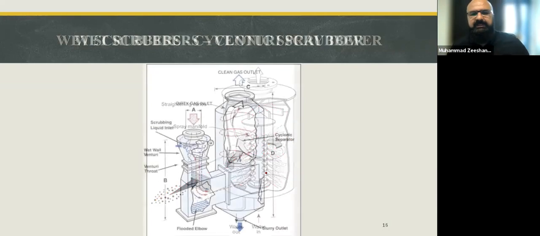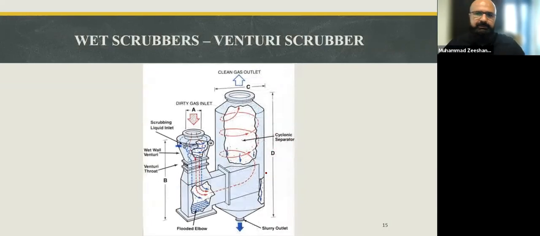So that's another example. Similarly, we have got another type of wet scrubber, which is Venturi scrubber. The dirty gas is entering from here, and then over here we have got a very narrow slit, a narrow path through which the gas is passing, and at the same time we have got water inlet provision over here. So a mixture of water and gas is passing through this extremely narrow path together, right?